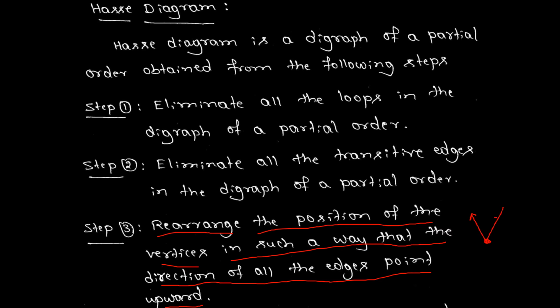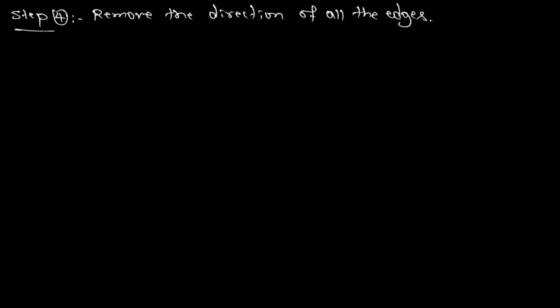Every edge, every arrow will be in the upward direction like this. We need to rearrange the vertices in such a way. Then the last step: remove the direction of all the edges. We need to remove the direction of all the edges.